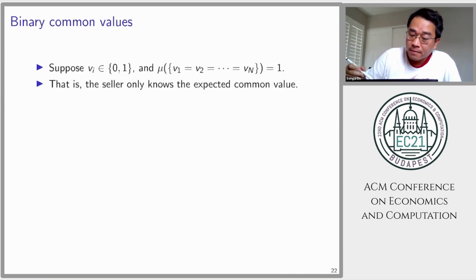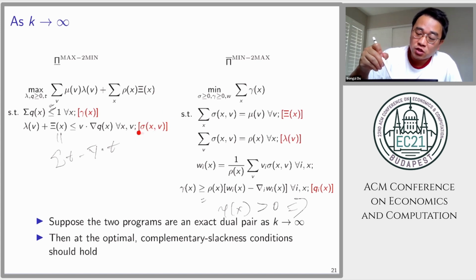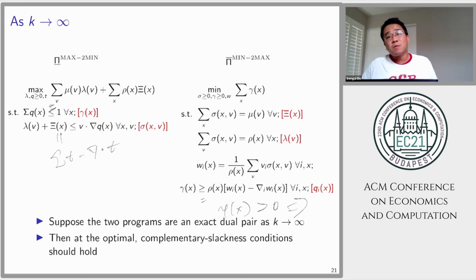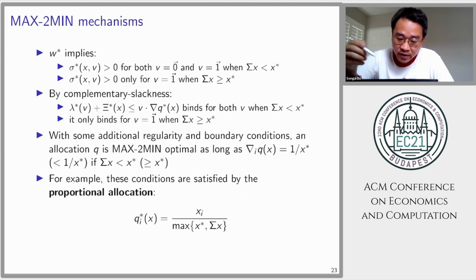Because again, going back to these two linear programs, by complementary slackness, this distribution from the information structure is actually the multiplier on this constraint, which relates total transfer to total local incentive for all of the bidders. Okay, so that's going to be very helpful.